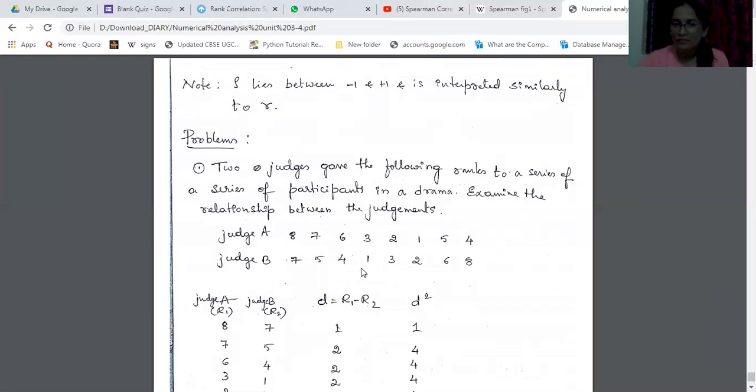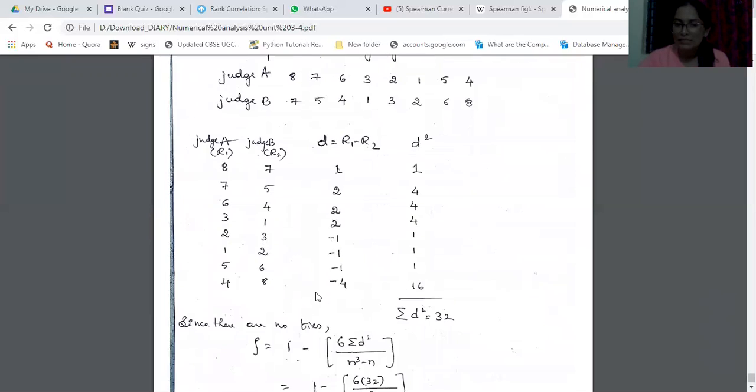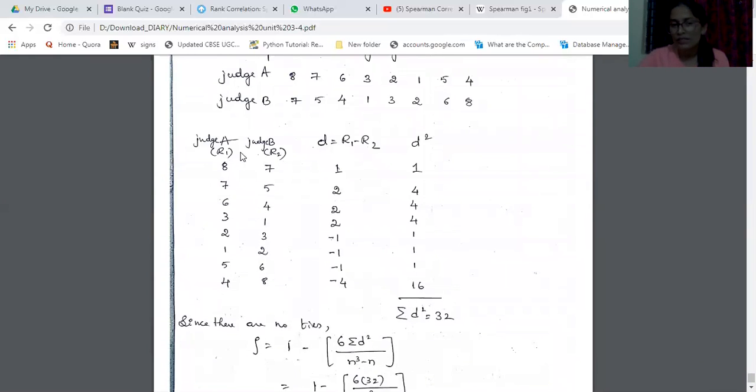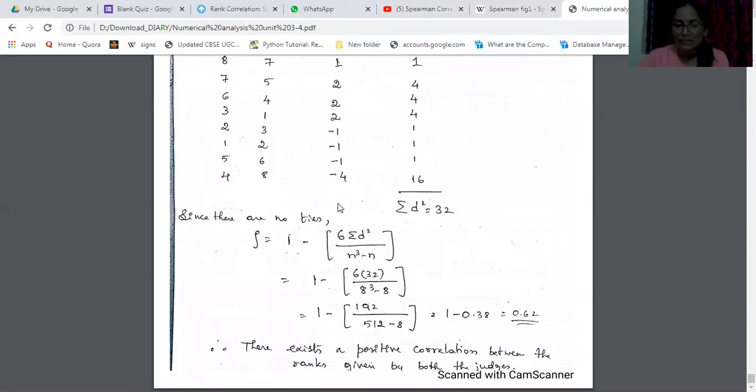To understand that, we will be using Spearman's correlation coefficient, and in this case the data is not really original raw data. These are ranks. Rank 1 and rank 2 are already given, so you don't need to give ranks to the data values, and then you calculate d and then d square, then apply those values in the formula.